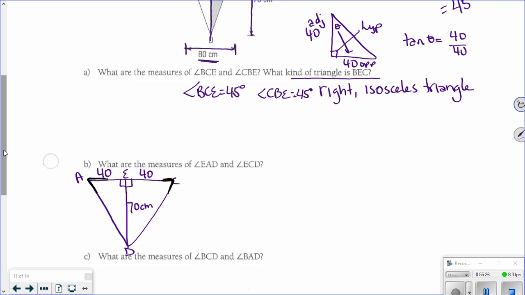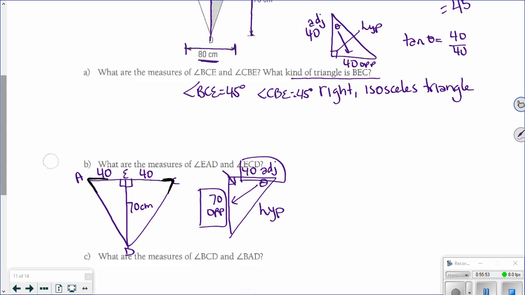I'm going to use either side of my right triangle. I know this is 40, this is 70, this is the angle I'm trying to solve for. So my right angle points at my hypotenuse. My angle I'm trying to solve for points at my opposite, which makes the third side the adjacent. Again, I want opposite and adjacent in my formula, which is tan.